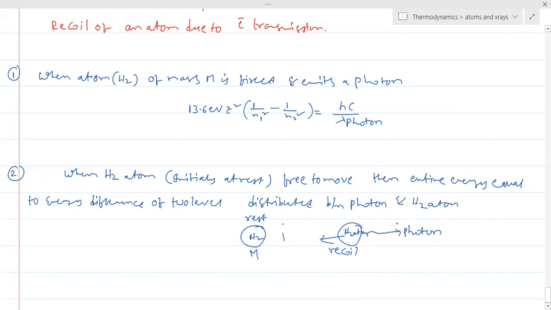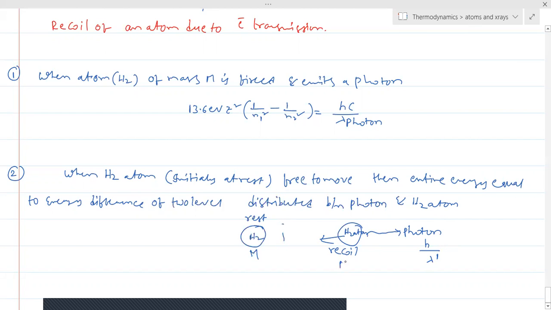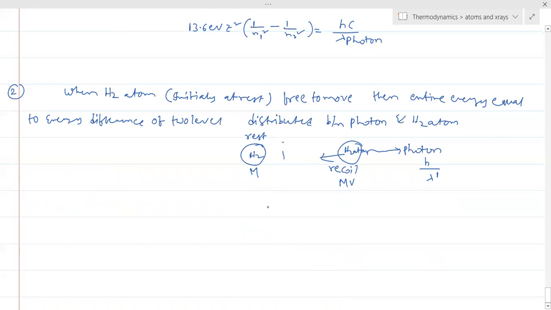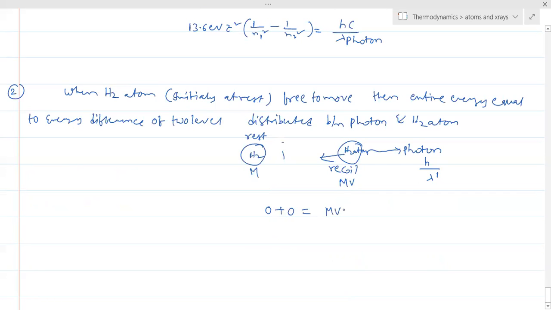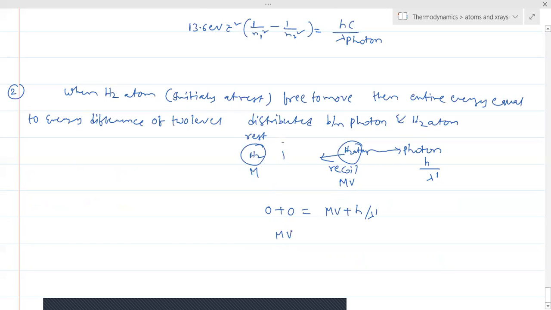In such a discussion, I'm taking the photon to have a momentum h by lambda dash and the hydrogen atom having a momentum mv. So we write, initially both are at rest: 0 plus 0 equals mv plus h by lambda dash, or mv equals minus h by lambda dash.